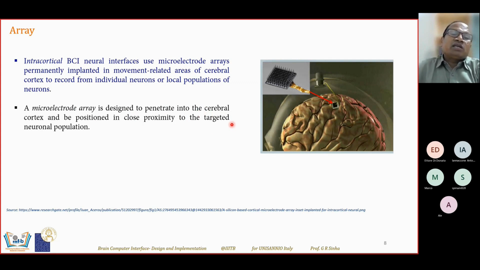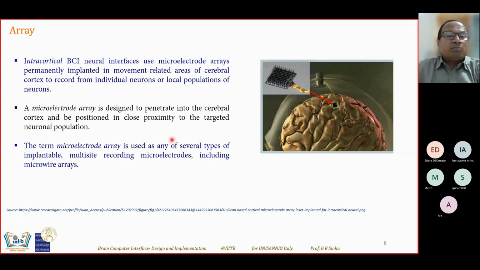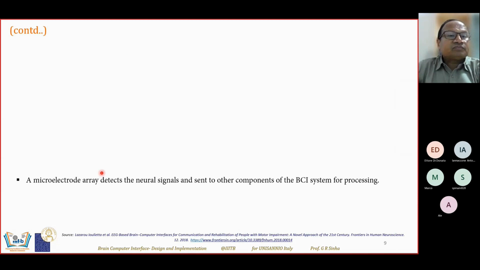If we are interested in studying cognitive ability, memory capability, working memory, or some learning ability, accordingly we can place it at our intended target. The array is used as any of several types of implantable multi-site recording microelectrodes, which also include microwire arrays.